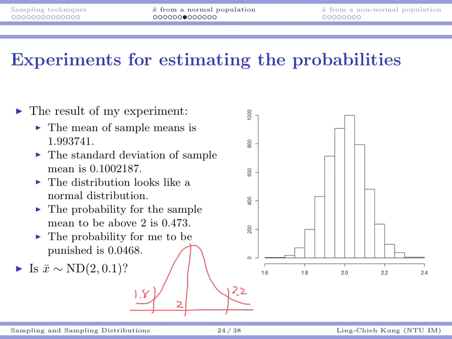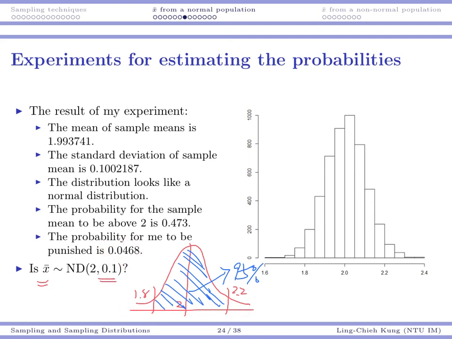But because the standard deviation of my sample mean is just 0.1, I know the probability of getting a number within this region is the probability of being within 2 standard deviations, and that's 95%. So that confirms the outcome here.